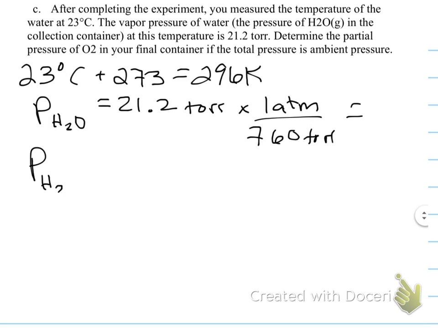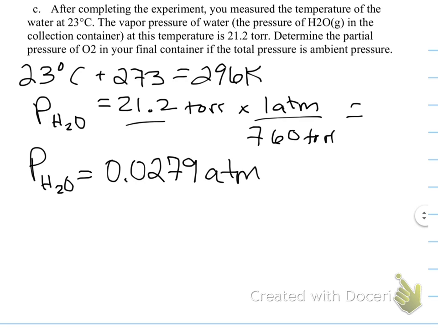So the pressure of the water is 0.0279. It says 789, but I only have 3 significant figures here, so I'm going to go with that. Okay. Determine the partial pressure of oxygen in your final container. Oh, okay.